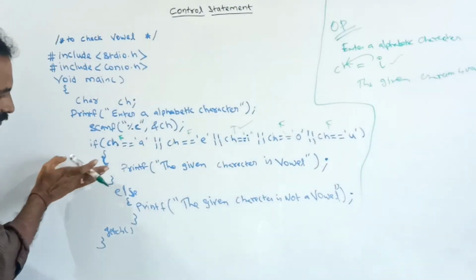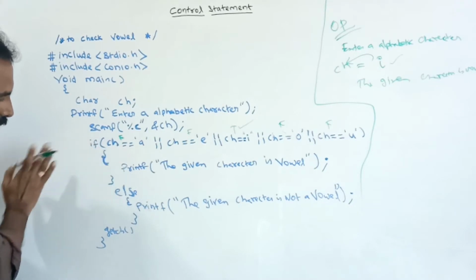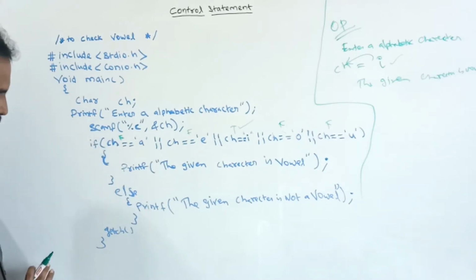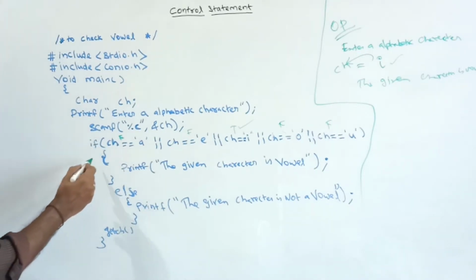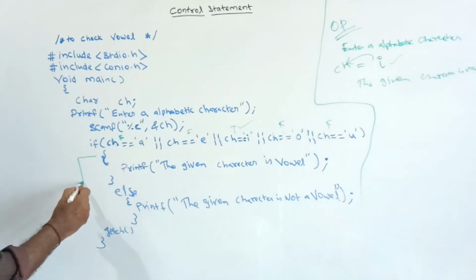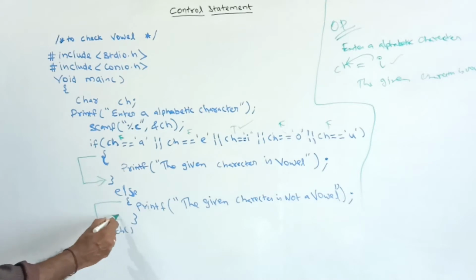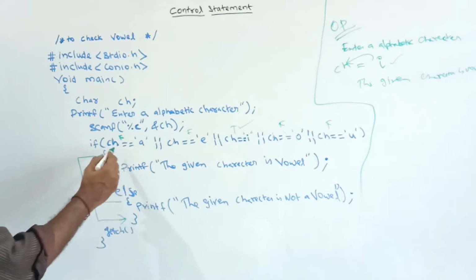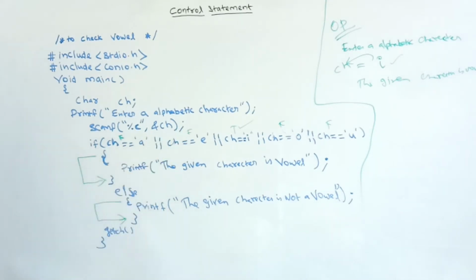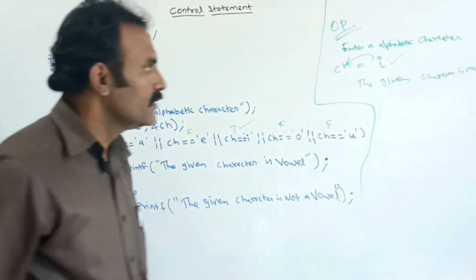Next, after completing this, it will come out of the if statement. Here this is the if part, this one is the else part. If any one of the conditions is true, the if part will work, otherwise the else part will work.